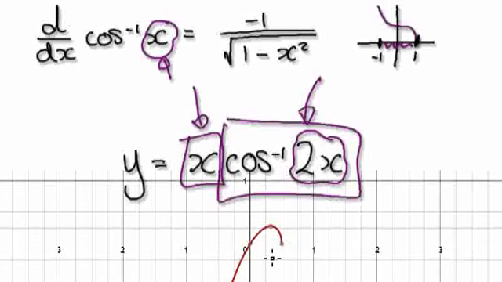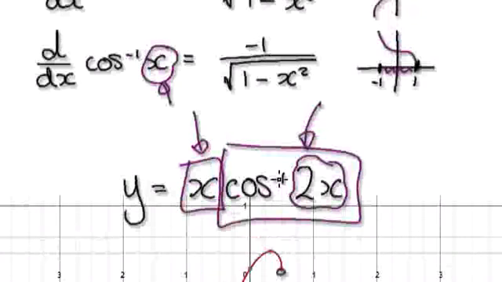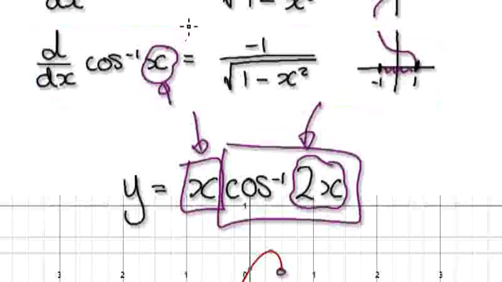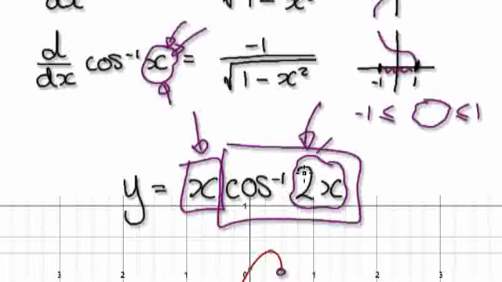So the reason why this graph stops in the middle of nowhere is because if you look at this whole thing here, this whole thing is only valid if this bubble is within -1 and 1. So the bubble is only valid if the bubble is within this range.